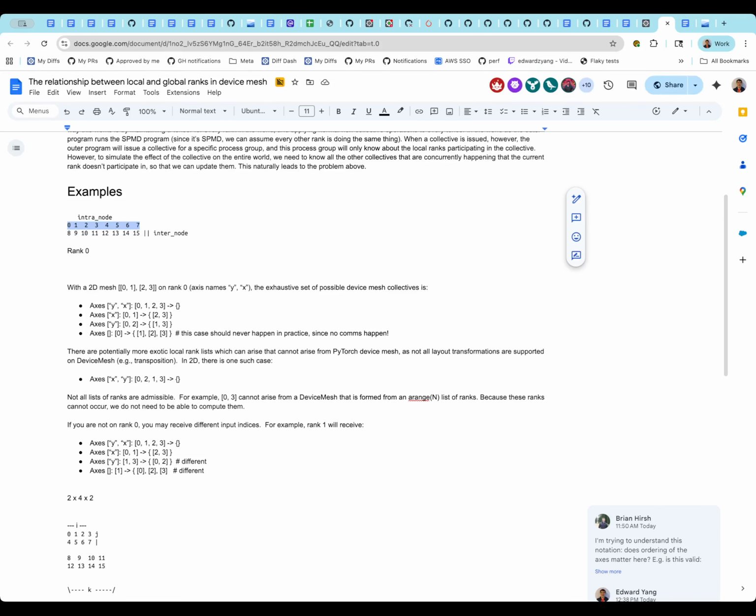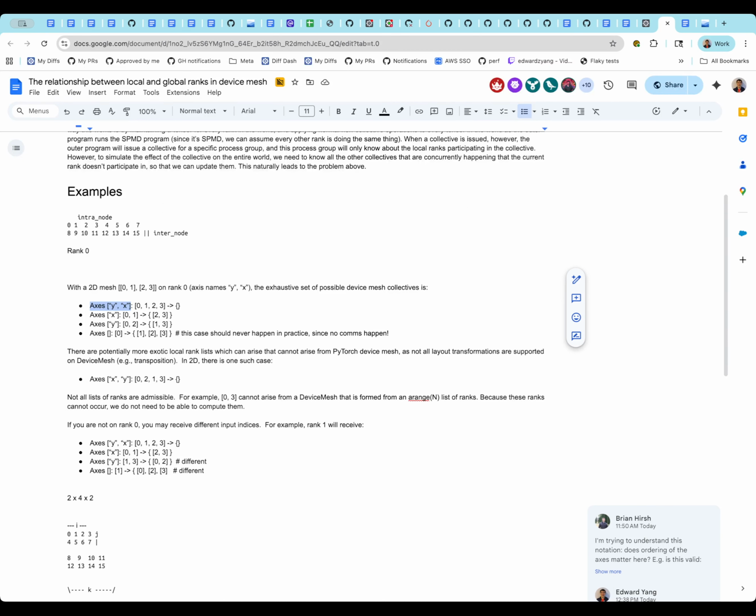So in this situation, you can just think of, if I just say I want to do it on X, then I do 0, 1. And if I just want to do it on Y, I do 0, 2. But when you do it in this style, it's also reasonable to ask the question, what if I do it on multiple axes at the same time?